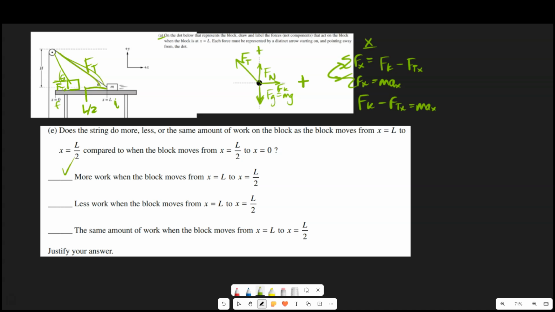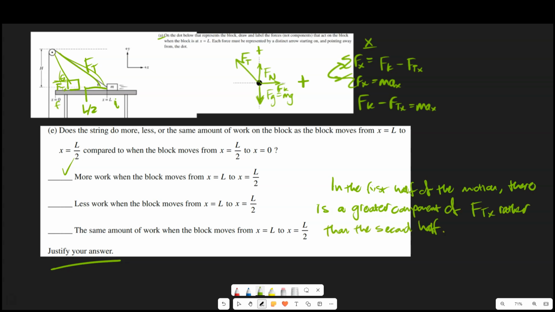So we would say there's more work being done when the block moves from x equals L to x equals L over 2, and we can justify it. They do ask you to justify your answer, so you could say in the first half rather than the second half, and then work is done in the same plane as the motion itself.